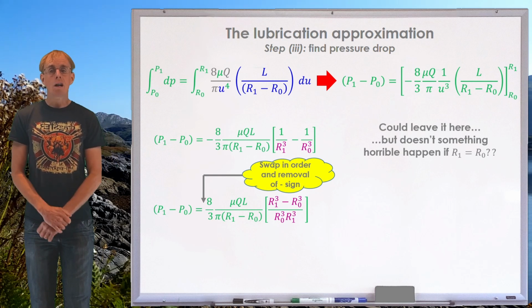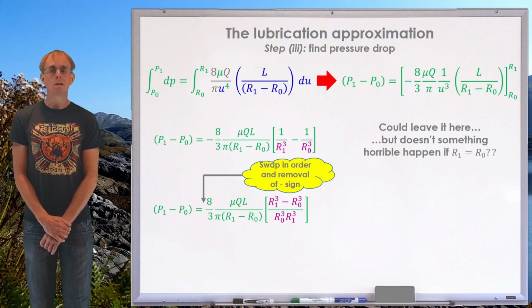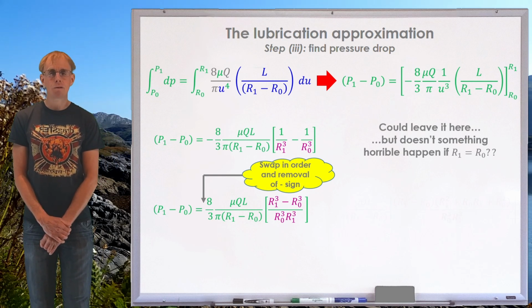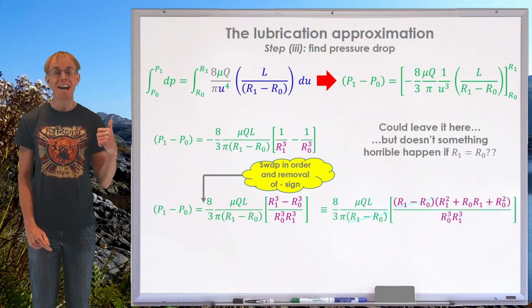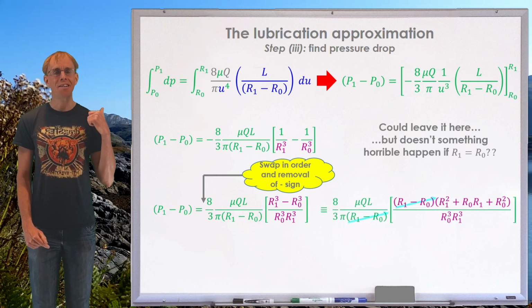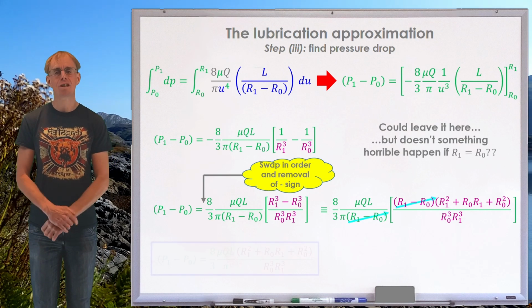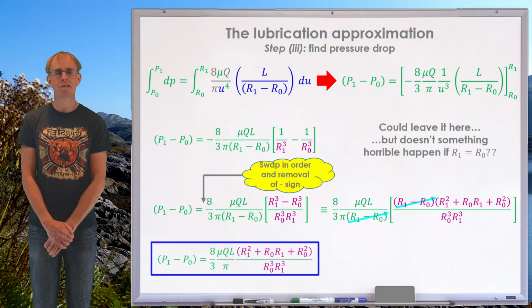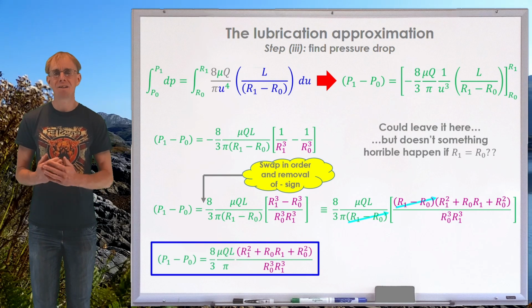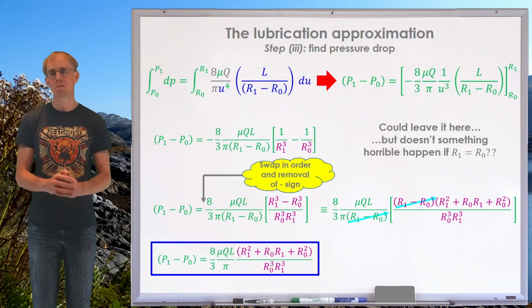At the moment, I've got R1 cubed minus R0 cubed in the numerator. However, that difference of two cubes can be rewritten as follows. And when we do that, we end up with an R1 minus R0 term in the numerator, which cancels out the problematic R1 minus R0 in the denominator, and no longer gives us a division by 0 problem.